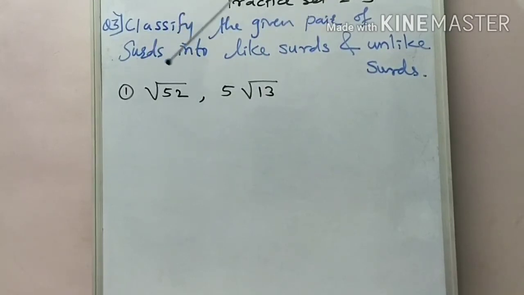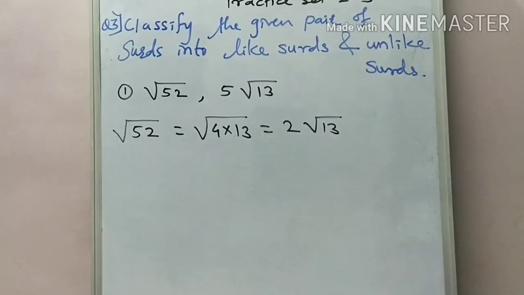First we have to simplify this first surd, like this. 52, the factors are 4 into 13, 13 fours are 52, and the square root of 4 is what? 2, as we take outside, and root 13 as it is.